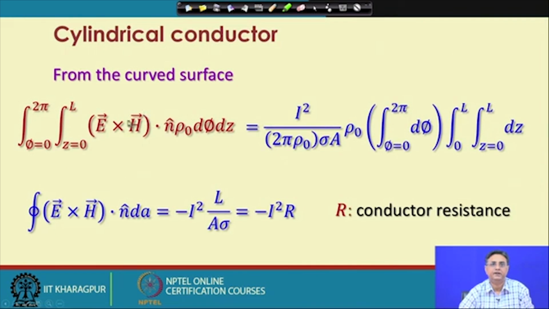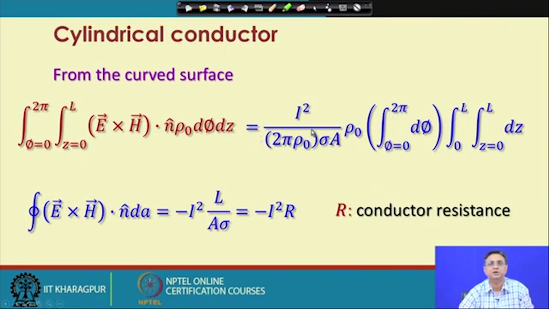So, this is the value of the Poynting vector, and for the curved surface we have to take the integration for phi over the complete azimuth, that is from 0 to 2 pi, and for a certain length L of the conductor, from z equal to 0 to L. Then we write the elementary area in the cylindrical coordinate system, that is rho d phi dz.